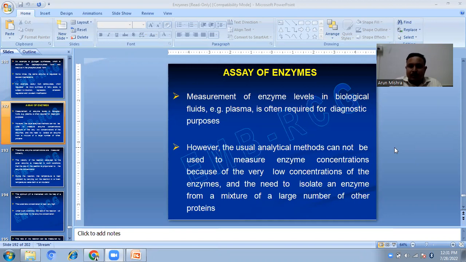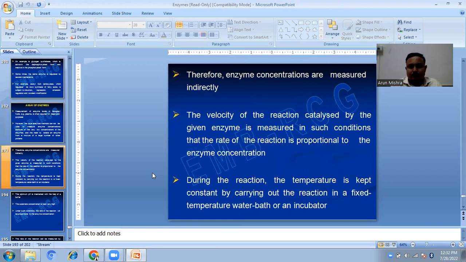However, the usual analytical method cannot be used to measure enzyme concentration because of very low concentration of enzymes and the need to isolate an enzyme from a mixture of a large number of other proteins. Therefore, enzyme concentrations are measured indirectly.